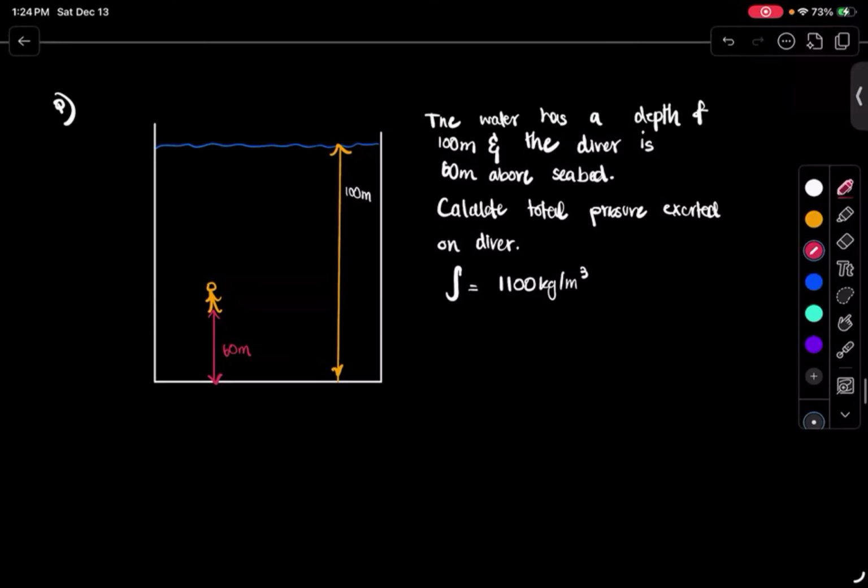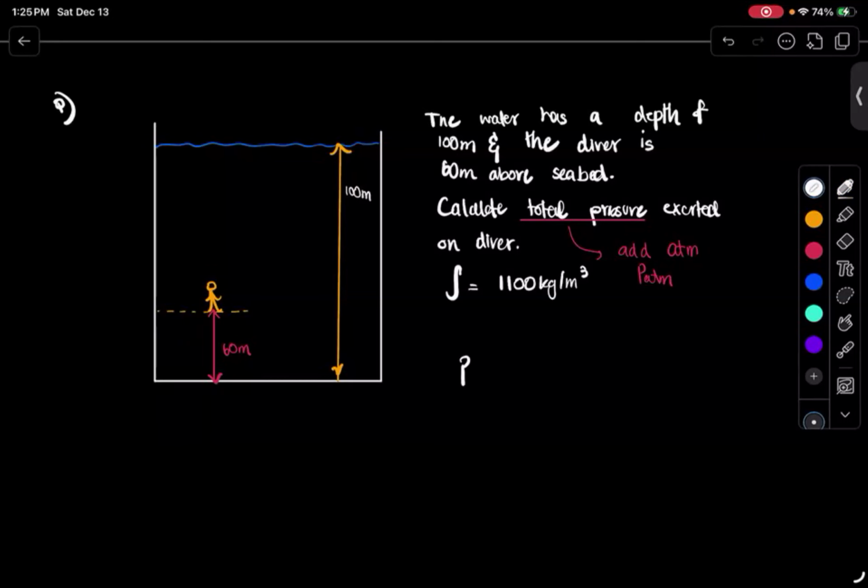Now, if you are asked to calculate the total pressure exerted on the diver, total pressure means that you have to add atmospheric pressure as well, which is equal to 100,000 pascals, right? And you've got to know that. You've got to memorize that, unless they give another value to you. Now, what is the pressure at this point?